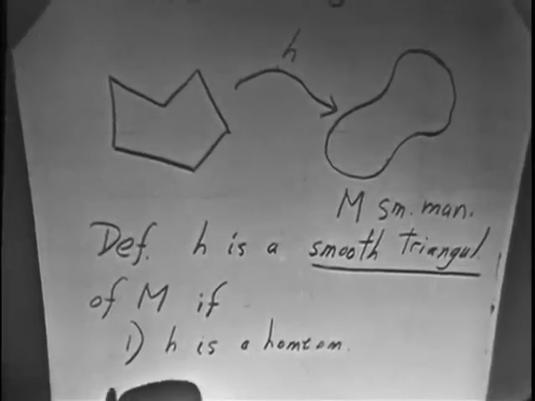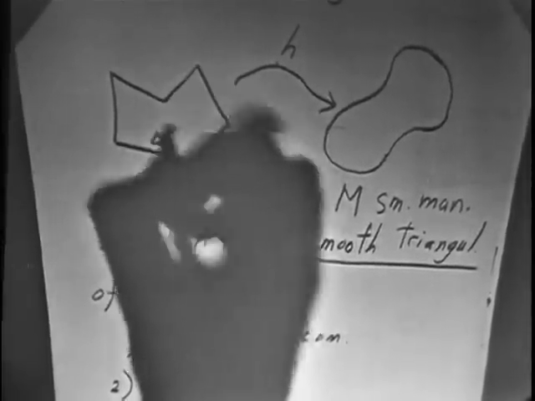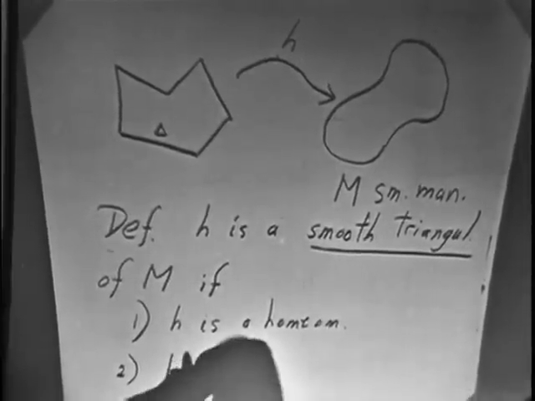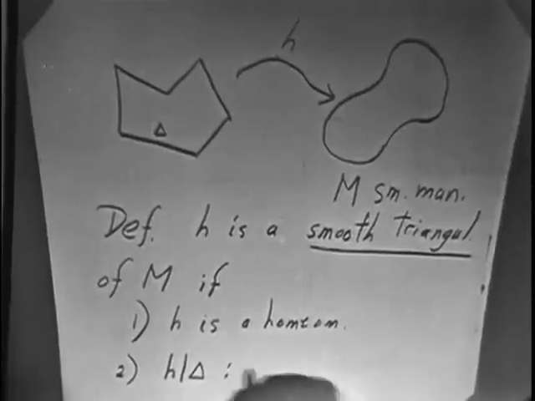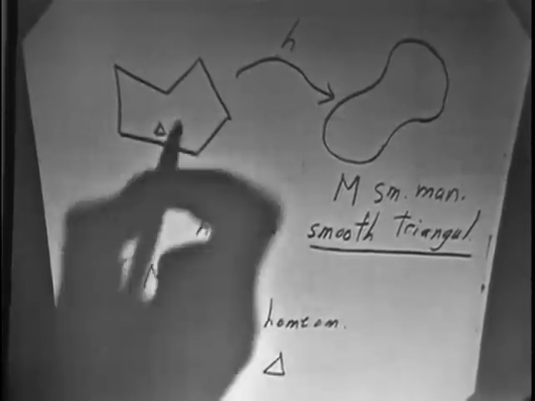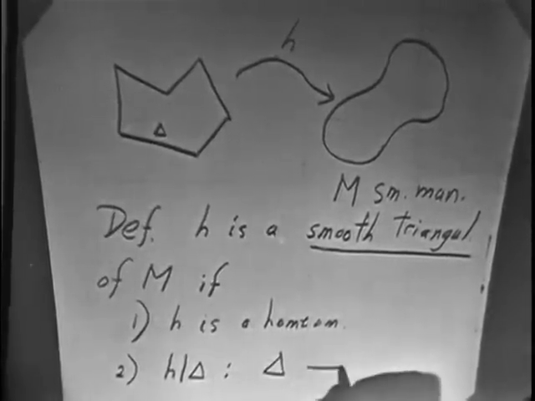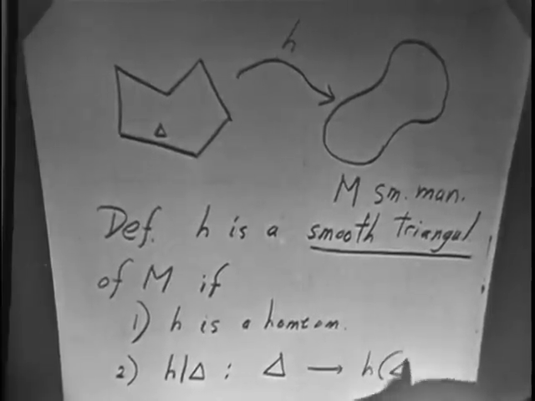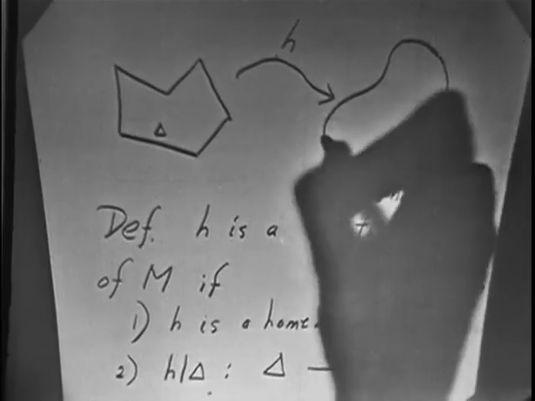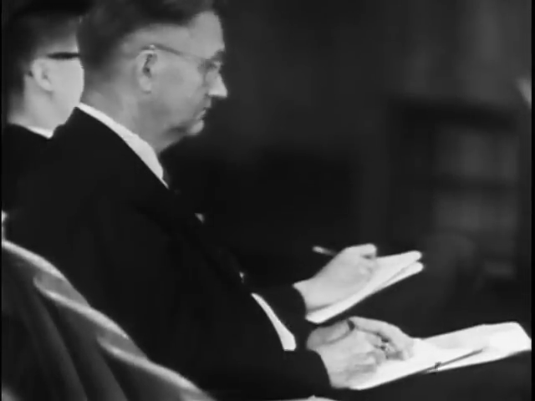And the second condition is that if we take any simplex, say delta, and take the restriction of H to delta, this is a mapping from a simplex in Euclidean space to a subset of M. The picture subset of M might be some curved segment like this.